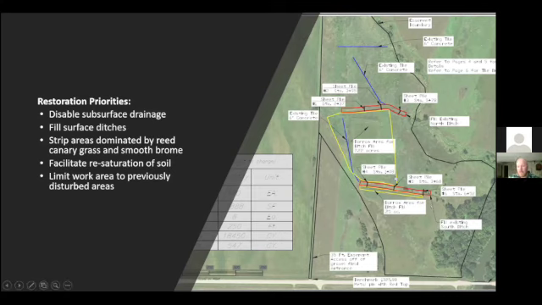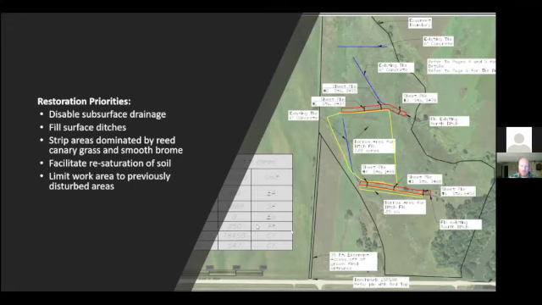So we wanted to cut off that downstream movement of water and create a lateral flow resaturation within the groundwater surface profile. So in order to do that, we planned to install a series of sheet pile weirs in each one of those ditches to again cut off what was perpendicular to the flow path of those ditches and ensure that that went down into the soil profile to again get that water out and into the surrounding soils.